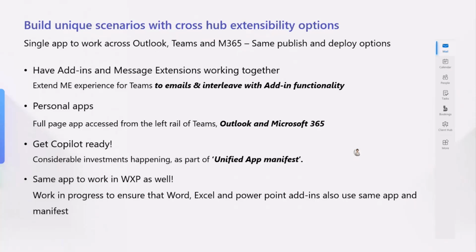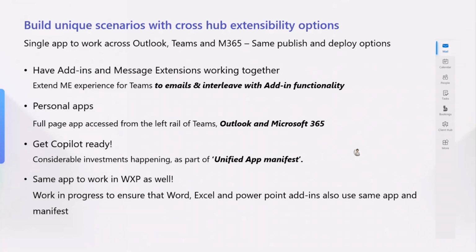So you can build richer experiences where an add-in can have a task pane or a side pane where an add-in user goes and does some function. And as part of a message extension, you can have an adaptive card unfurl into your email messages, and vice versa. From an adaptive card, you can invoke an add-in and have the workflow continue within the context of where the user is.